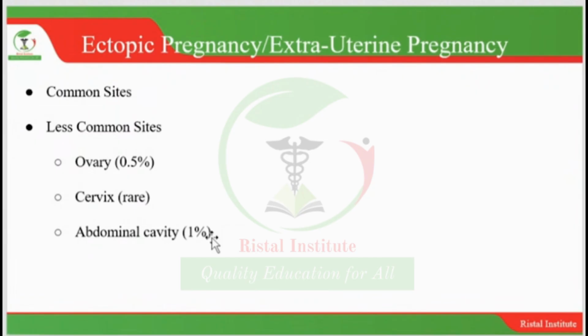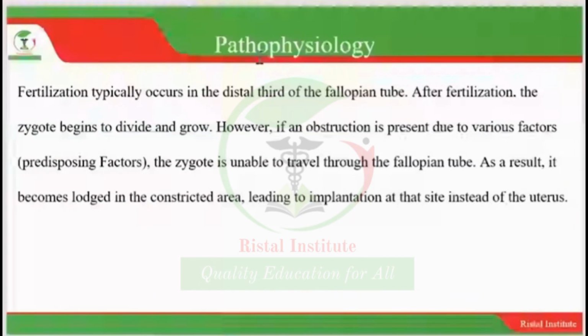Fertilization occurs in the distal third of the fallopian tube. After fertilization, the zygote begins to divide and grow. However, if an obstruction is present due to various predisposing factors, for instance, if someone had an infection that was not treated, then some residues are formed in the fallopian tubes, and they can block the movement of the fertilized egg.